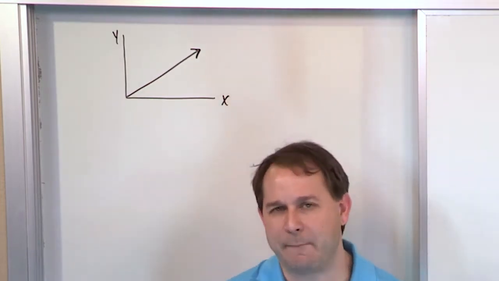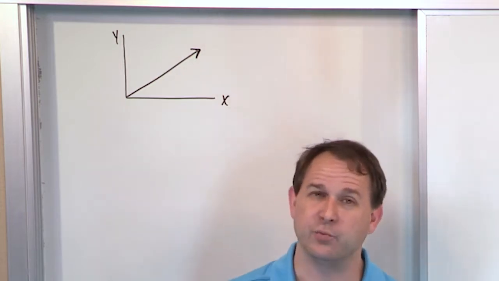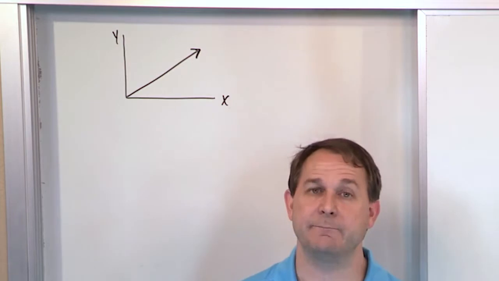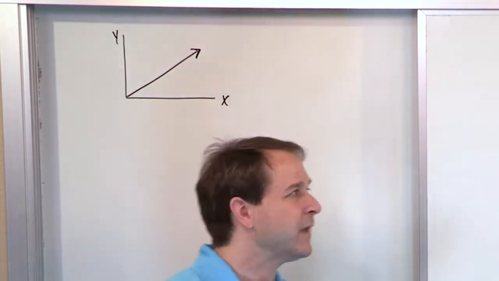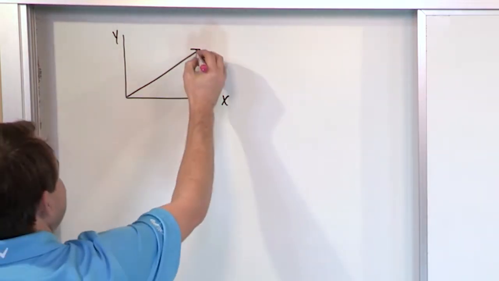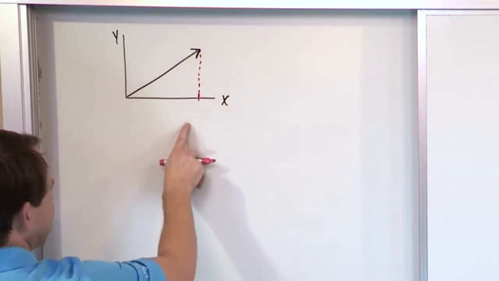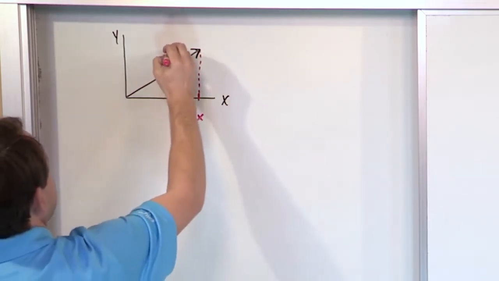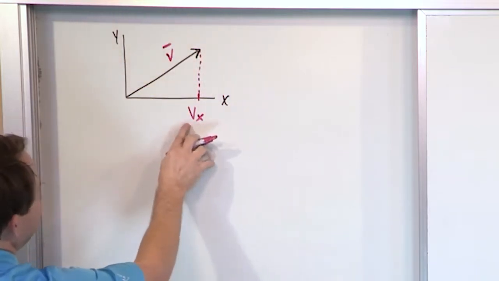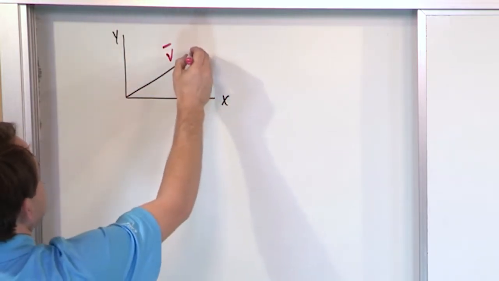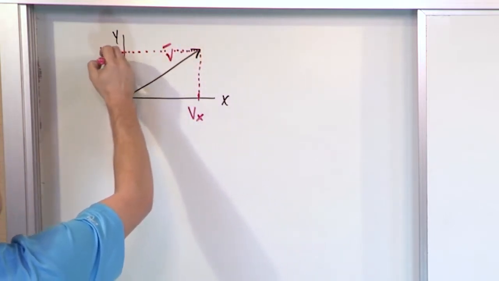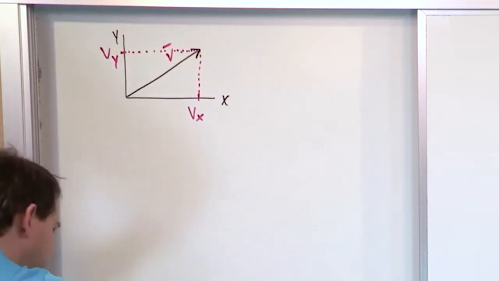Then you dive into the math behind vectors a little bit more and you realize that every single vector that you can write by definition can be broken into components, right? And you learned that the tip of this vector, you can look at the projection here, and you could call this V sub x if this vector is called V, right? But this is a scalar component in the x direction, and over here you have V sub y, right?